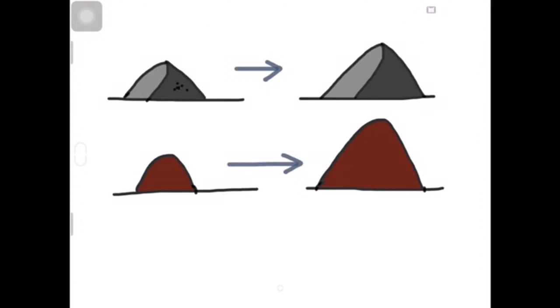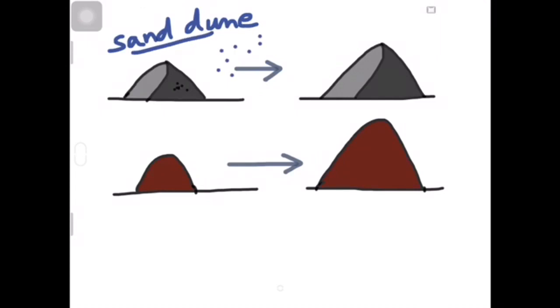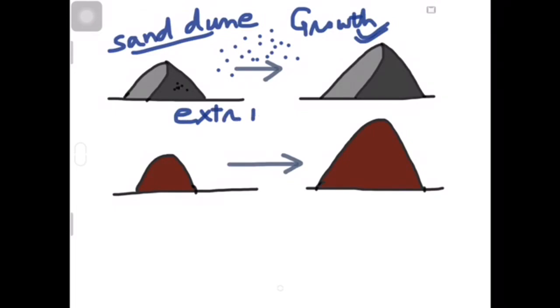Okay, wait. This is a sand dune, remember? Found in deserts. A small hill-like structure which keeps building due to the sand which keeps falling over it, and it increases and shows growth after some hours. But what kind of growth, intrinsic or extrinsic? Extrinsic. Wow.